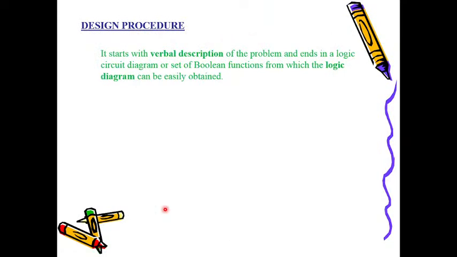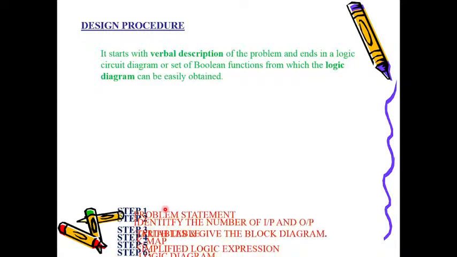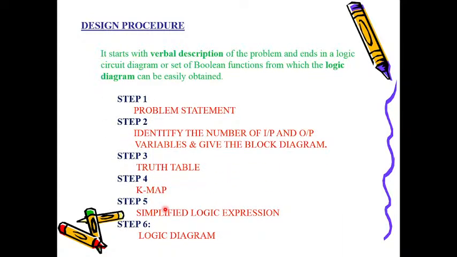And this is just refreshing your mind. How will you design any combinational circuit? First, a verbal description of the problem. Whatever circuit you need, the verbal description of it would be given. From the verbal description, that is the problem statement, you have to come out with your block diagram, which will help you identify how many inputs and how many output variables there are.